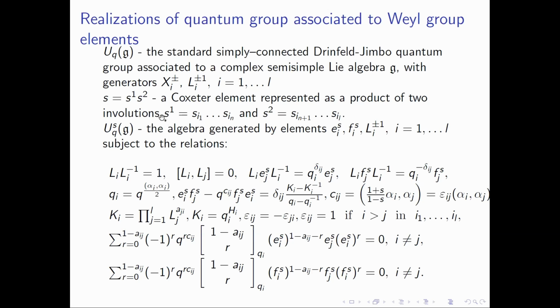Here I also denote by S1 the first involution, S2 the second involution. So these simple reflections s_{i1}, ..., s_{in} mutually commute, and s_{i(n+1)}, ..., s_{iL} also mutually commute. Then I'm going to introduce some realizations of the standard Drinfeld-Jimbo quantum group, U_q(g), which will be associated to Weyl group elements.